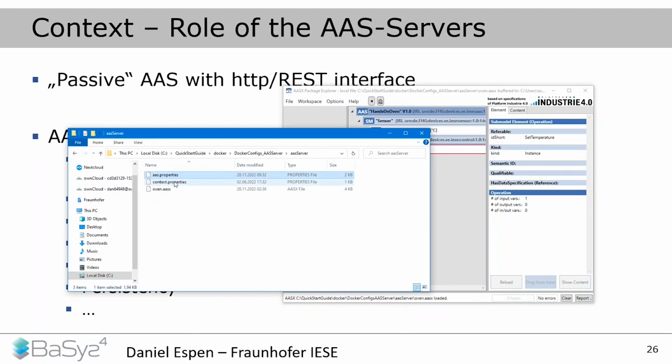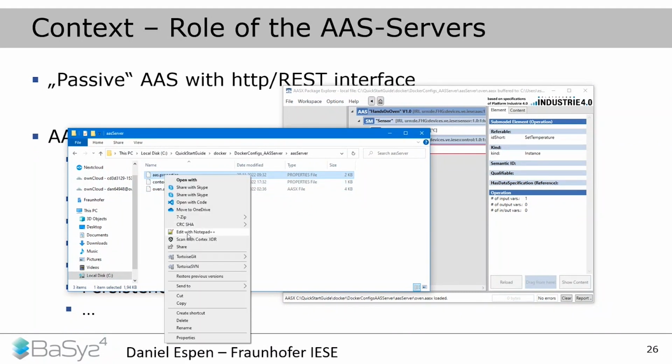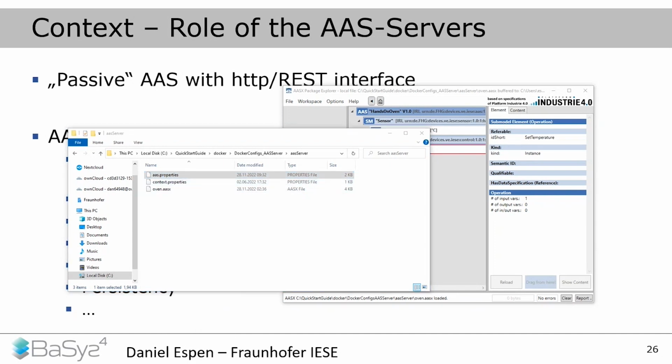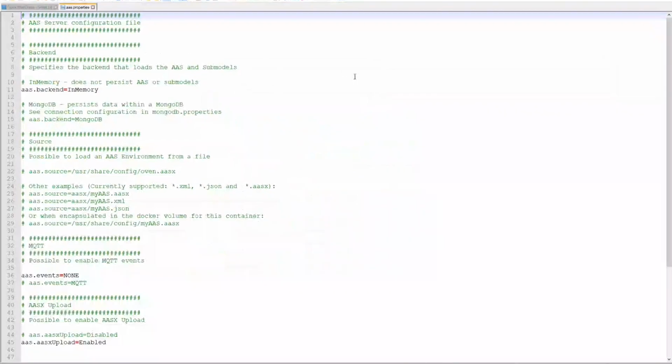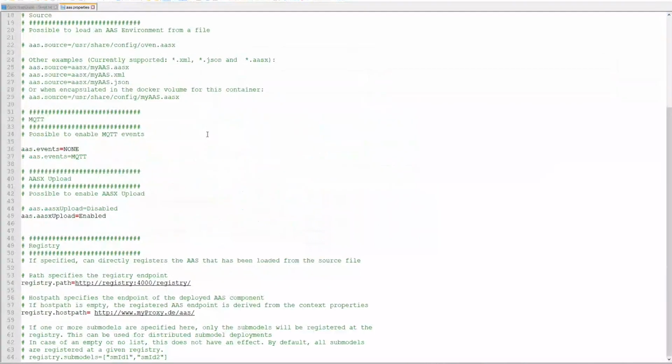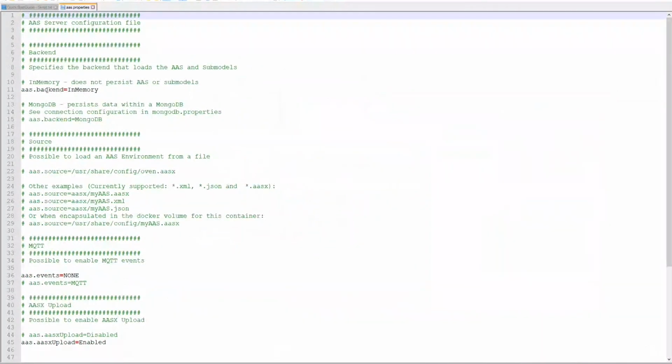For the off-the-shelf component of the asset administration shell server, I have some property files where I can configure the features. The main one for the asset administration shell server is this aas.properties. If you look at it, here you can enable or disable and configure the properties of that AAS server.